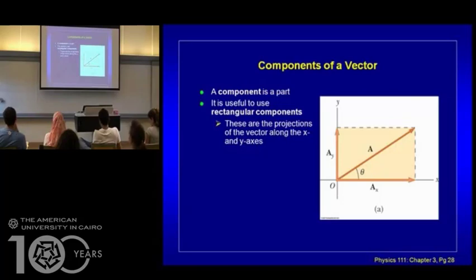Then we can find the magnitude of R. What about the direction? If you know x and y, you can find the tangent of that angle theta. So the i, j, k notation has taught us that this quantity is along x, that quantity is along y, and this is along z.